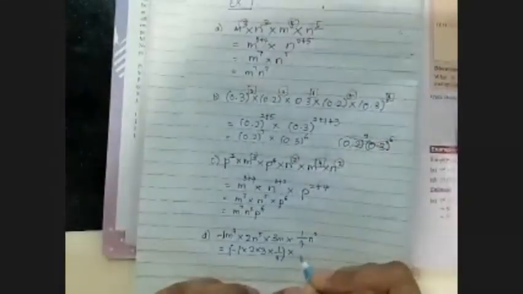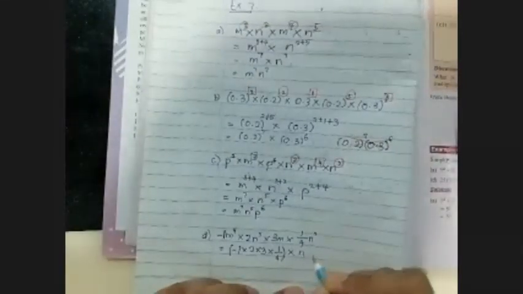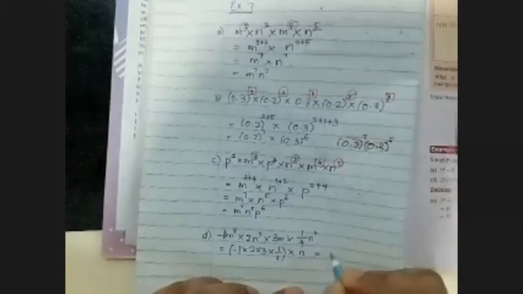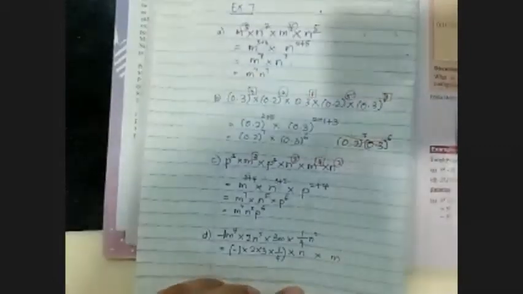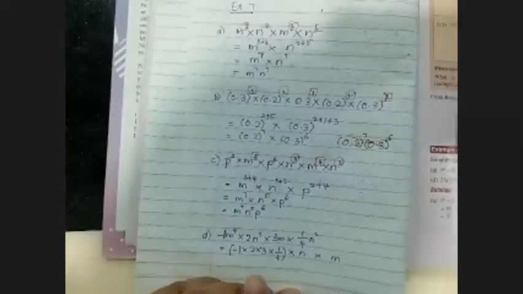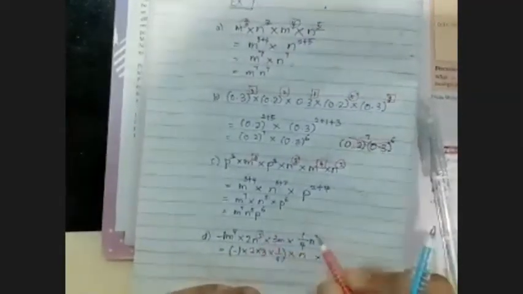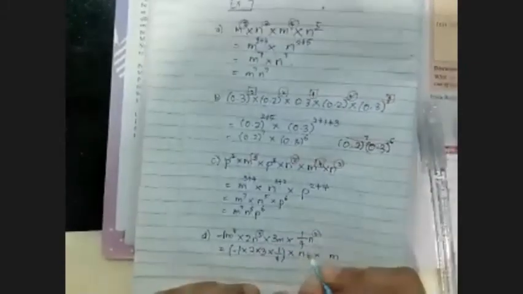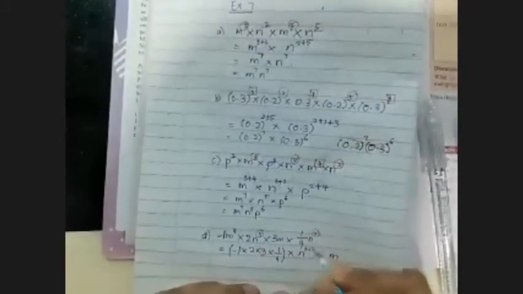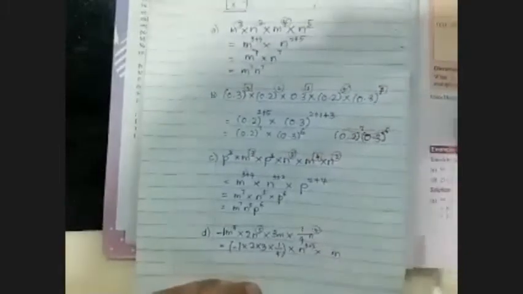And base, what is the base? N and M. What is the index for N? 5 and 2. So we plus 5 plus 2. How about M?